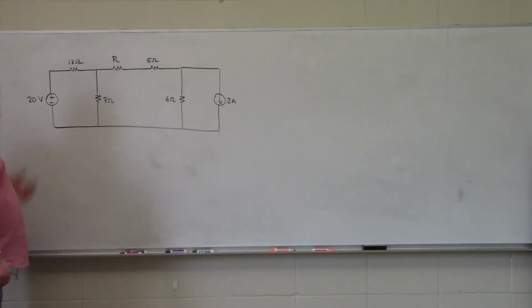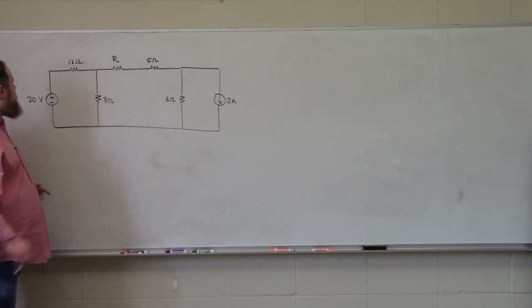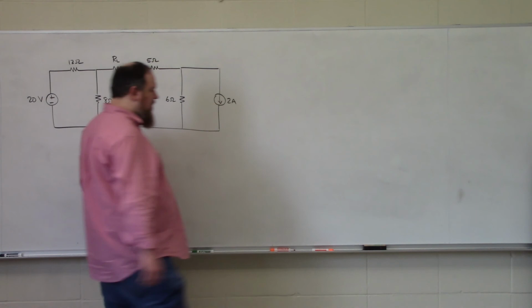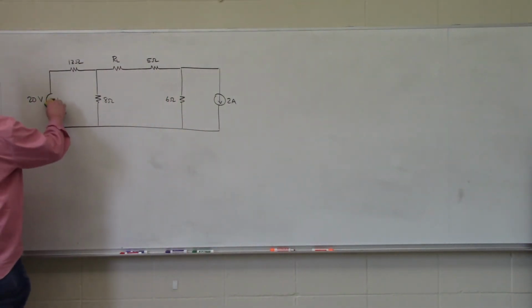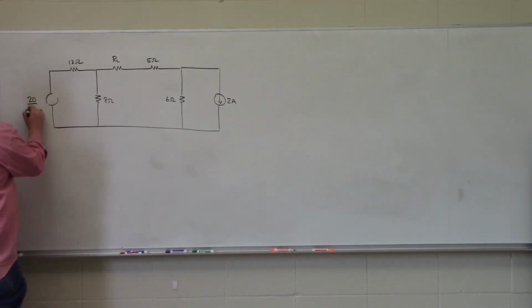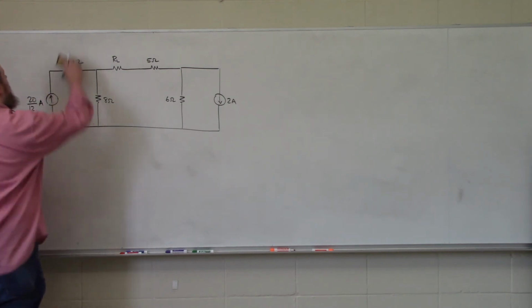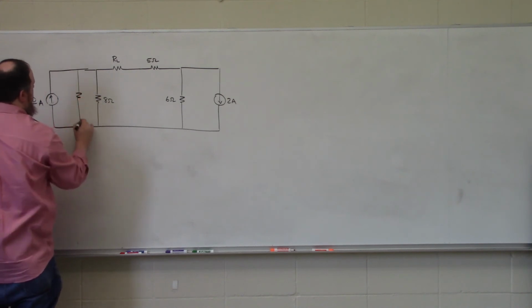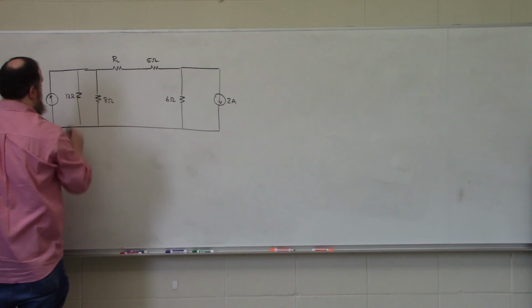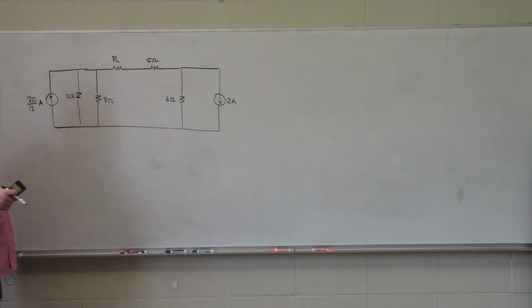So, for example, I have a 20 volt source in series with a 12 ohm resistor, which means I can replace this with a 20/12 amp source, direction up, in parallel with a 12 ohm resistor, which puts my 12 ohm resistor in parallel with my 8 ohm resistor.